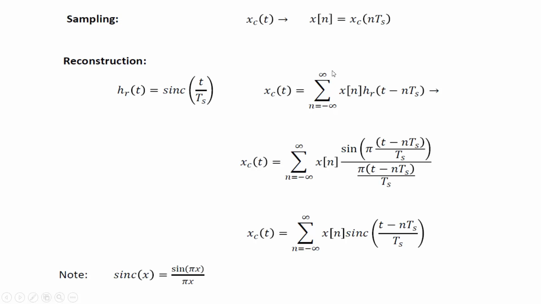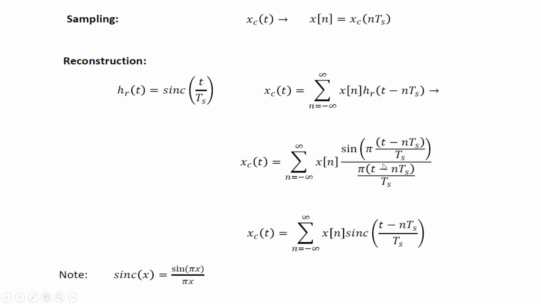Now this impulse response is basically the sinc function, which can be written like this, right? And this is expressed in terms of sine pi x by pi x, which is sinc of x, right? If you compare this sinc function with this expression, you will see that this is sine of pi and this factor divided by pi and the same factor.